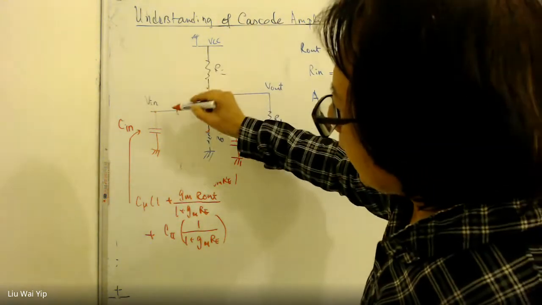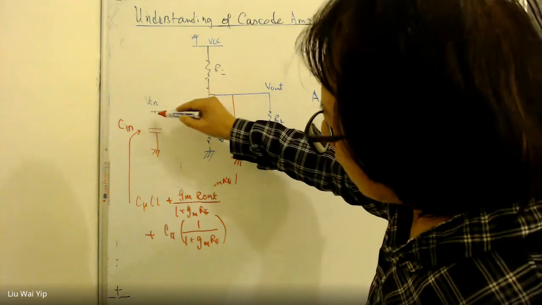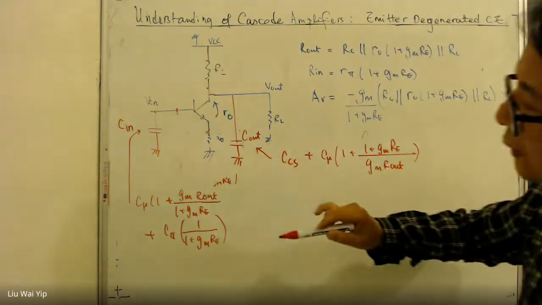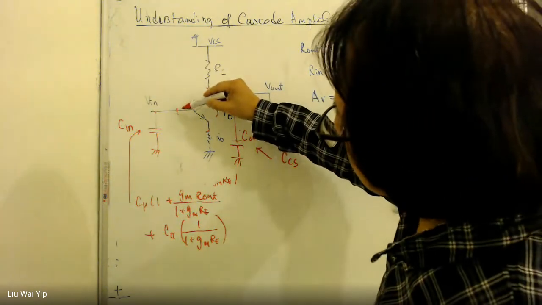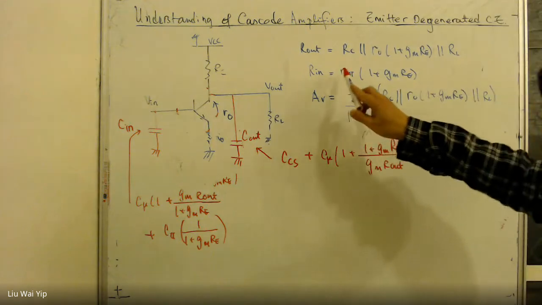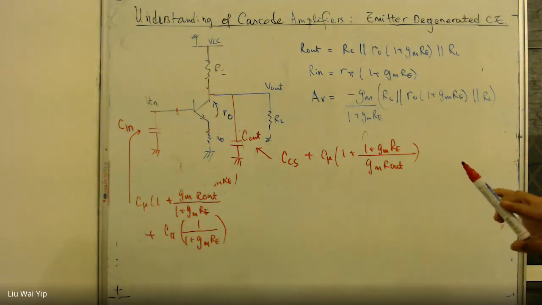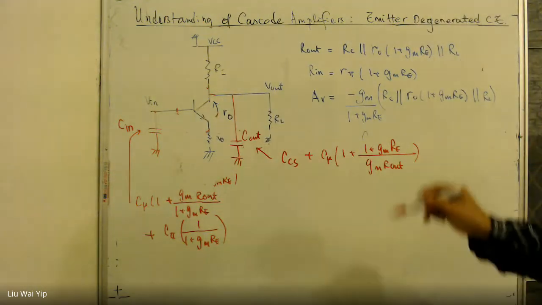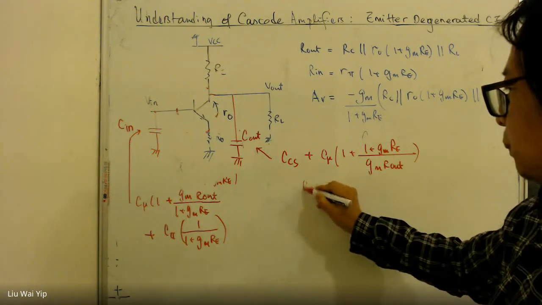At the input node, we have one capacitor, C pi, connected to the ground, and we have a chunk of resistance, this one here, which is R pi, R E here. So under these circumstances, we have one pole.